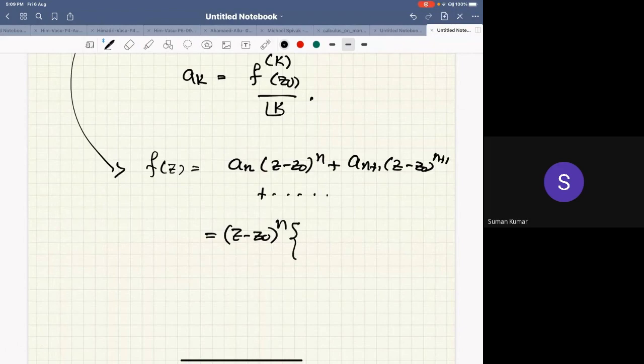Then this is nothing but a n plus a n plus 1 into z minus z0 and so on.